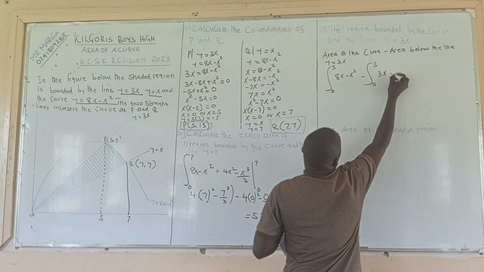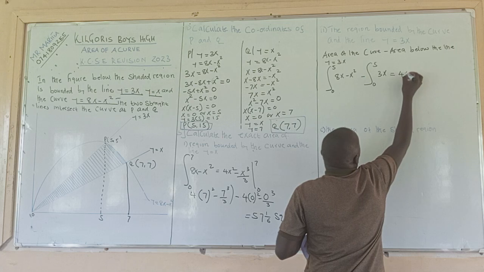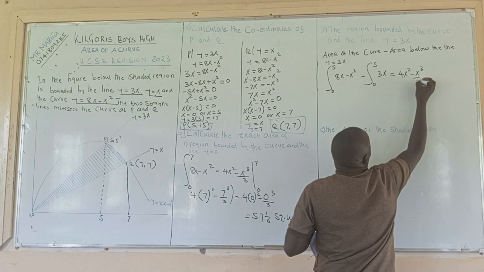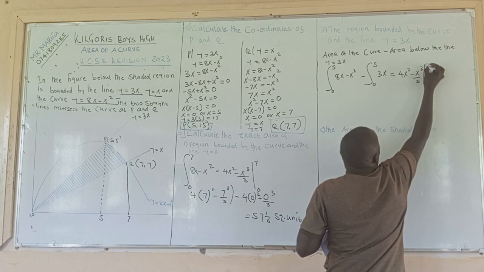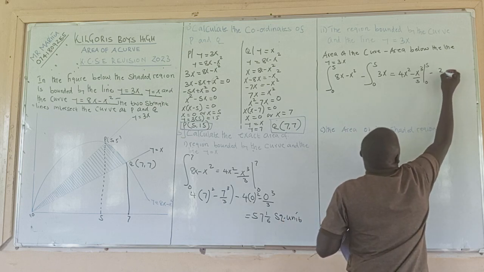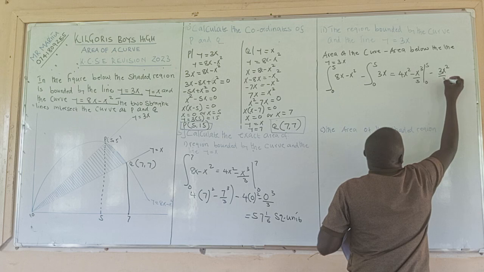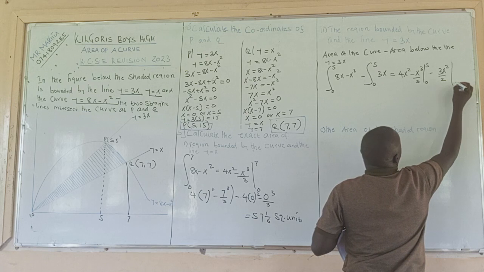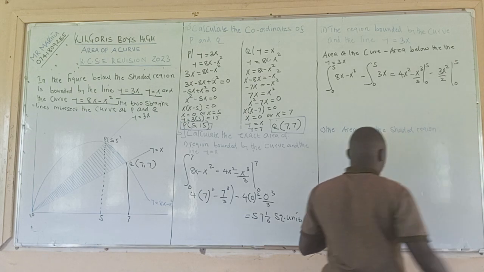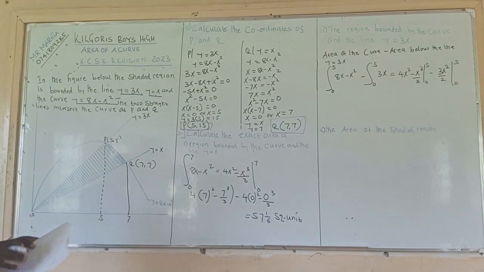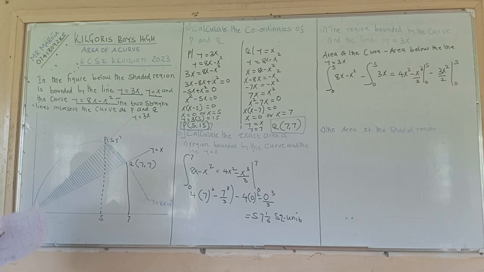So this one is equivalent to 4x squared minus x cubed all over 3, with the limit between 0 and 5, minus 3x squared all over 2, with the limit between 0 and 5.